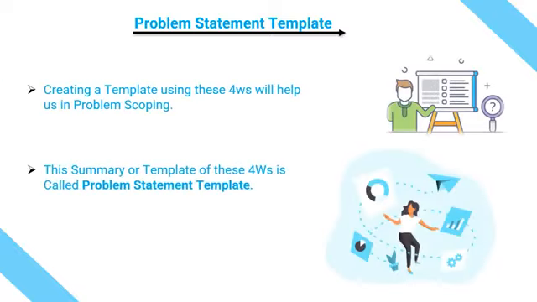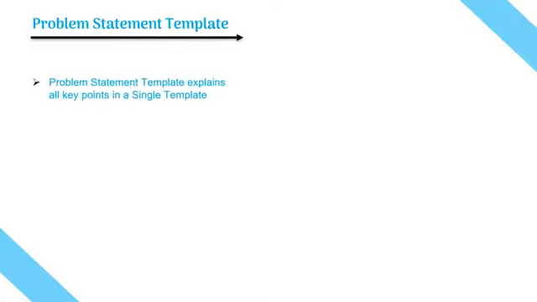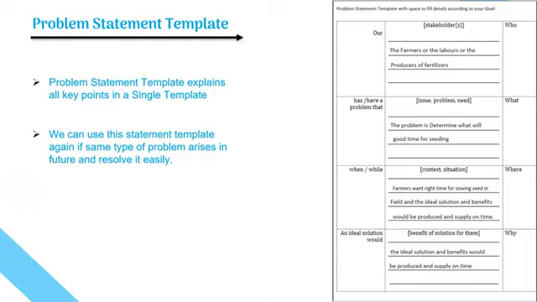This summary or template of these 4 W's is called the problem statement template. So, this problem statement template explains all the key points in a single template. And guess what? You can use this template again if the same type of problem arises in future and resolve it easily. This is how the problem statement template looks like.